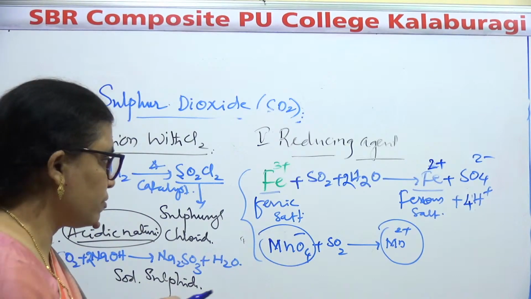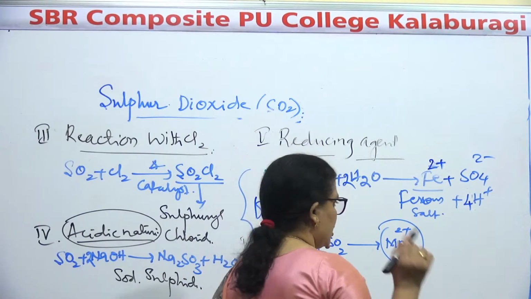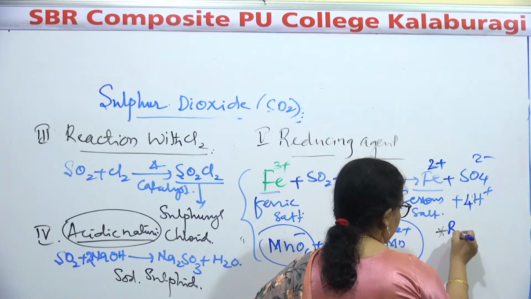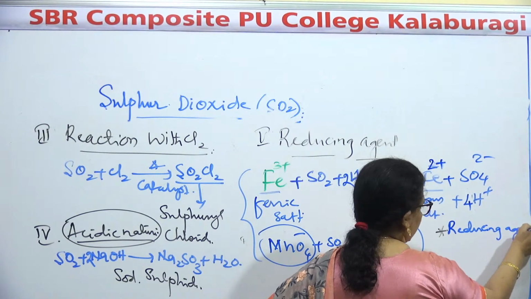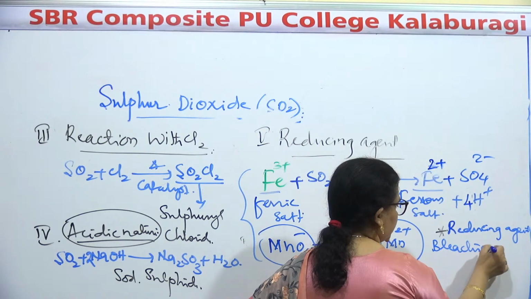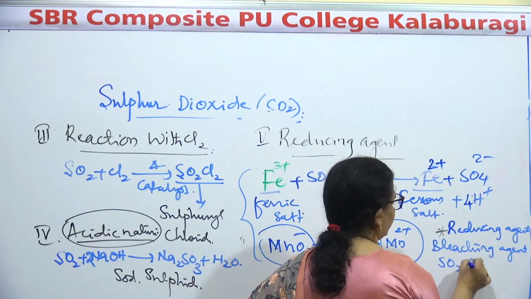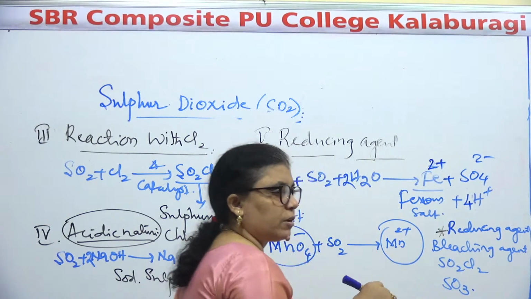What are the uses? Sulfur dioxide can be used as a reducing agent, as we said just now. It can act as a bleaching agent. It is used in the preparation of sulfuryl chloride. It is used in the preparation of sulfur trioxide.